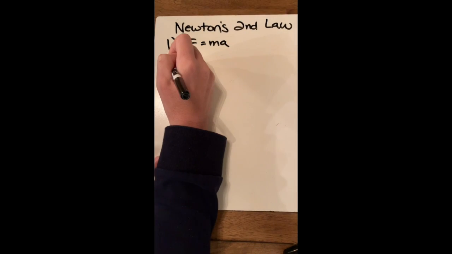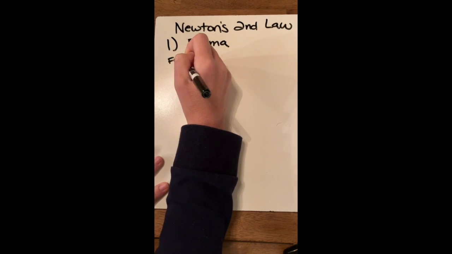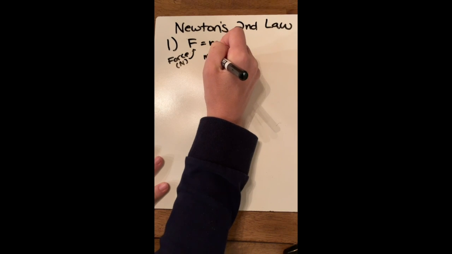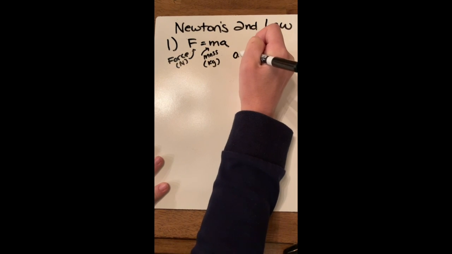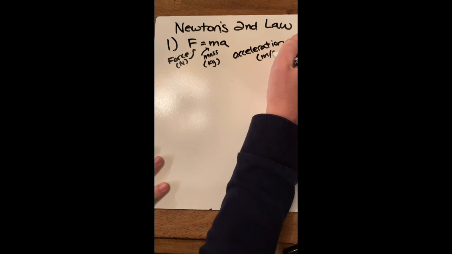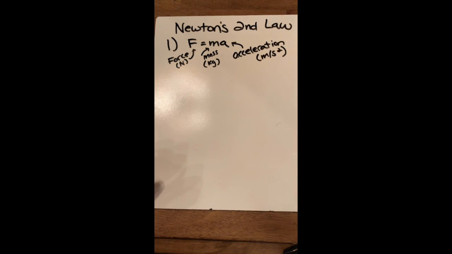And just as a reminder, F is the force in newtons, m is the mass in kilograms, and a is acceleration in meters per second squared. Okay, so that is not new to us.